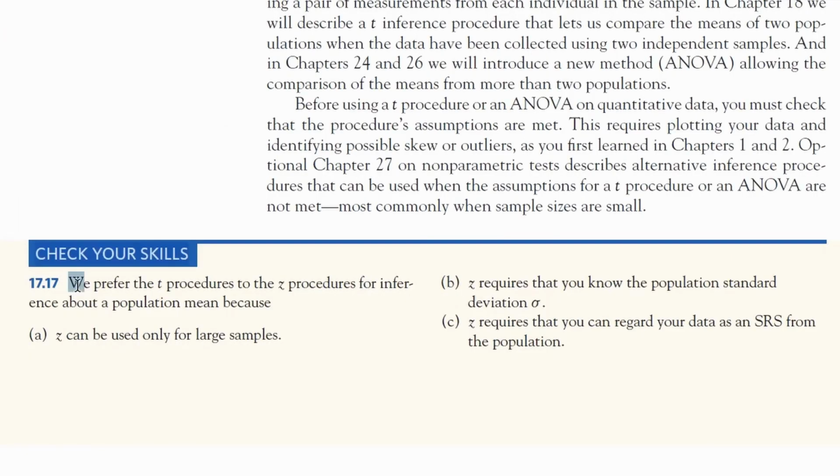We prefer the T procedures to the Z procedures for inference about a population mean because: A, Z can only be used for large samples.